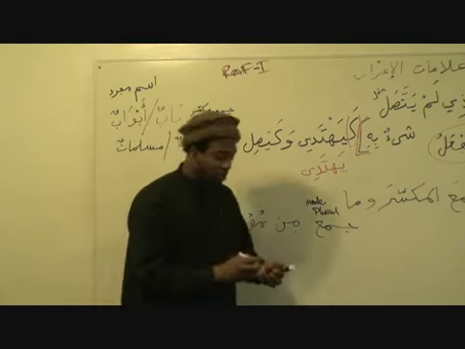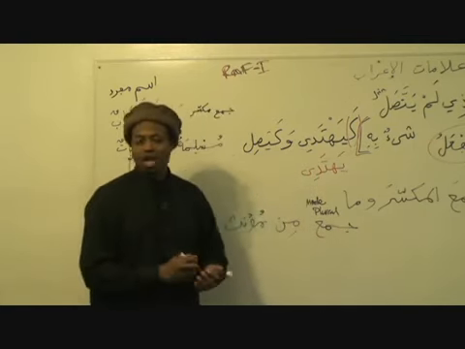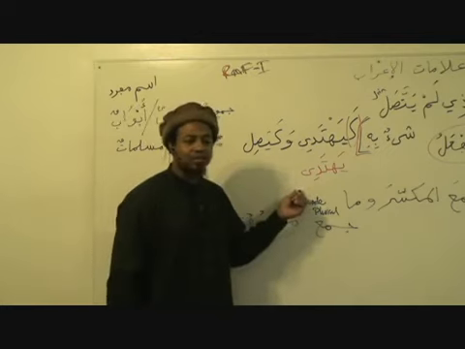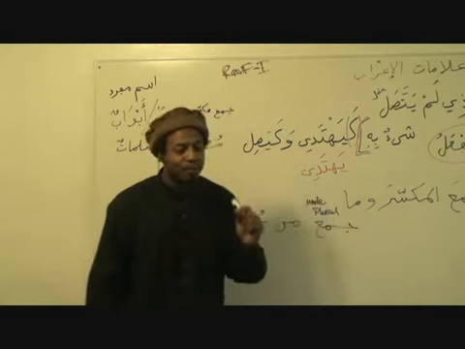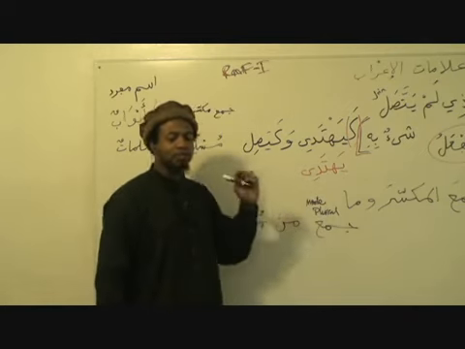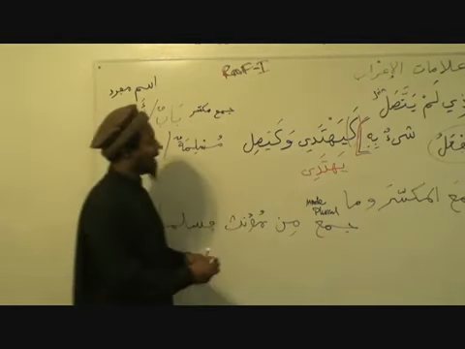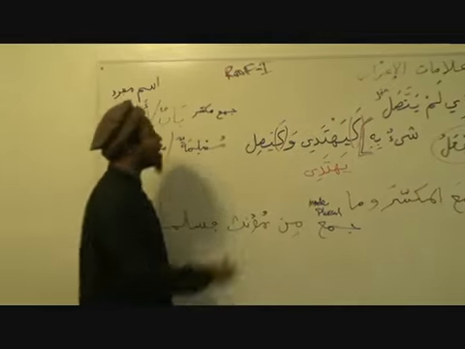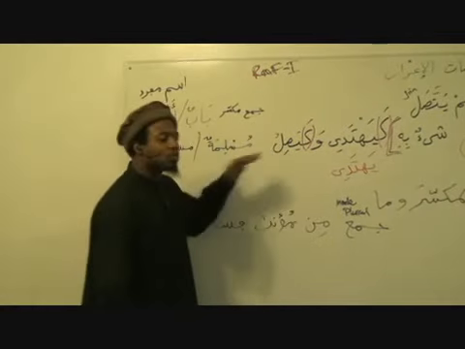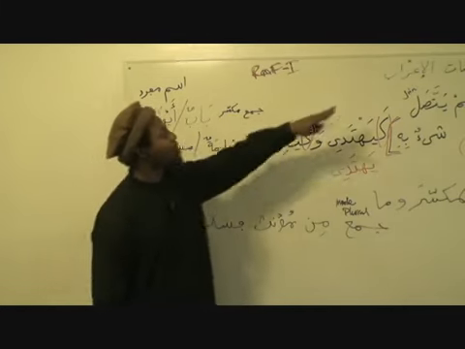So we can't just learn the rule and not apply it. Apply it. Get used to it. If there's nothing attached to the end of this verb, fi'lul mudari', then it has a dhamma implied or literally placed. Like, wa, and like, yasilu. Here it was going to be yasilu, and a dhamma goes there. Okay, but it didn't put it there only because it's poetry.